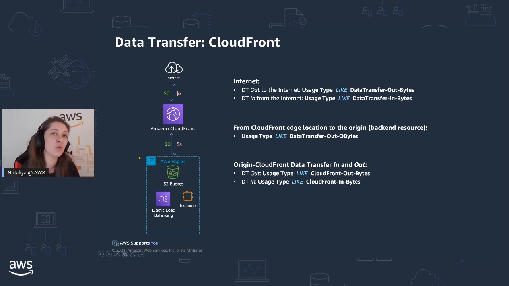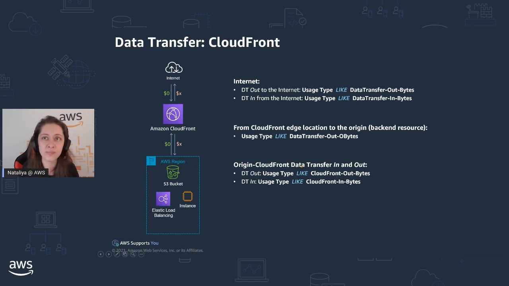And then if you wanted to look at how much traffic is going in between, let's say, S3 and CloudFront, if you wanted to separate between load balancers, your EC2 instances, and S3 buckets, let's say if you have a couple of different backend resources, you could look at that as well.